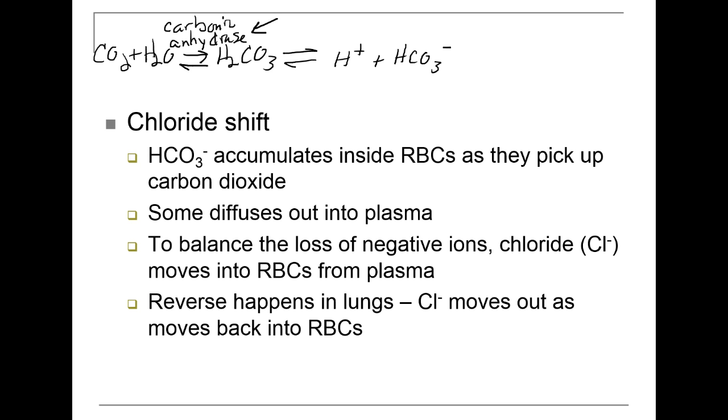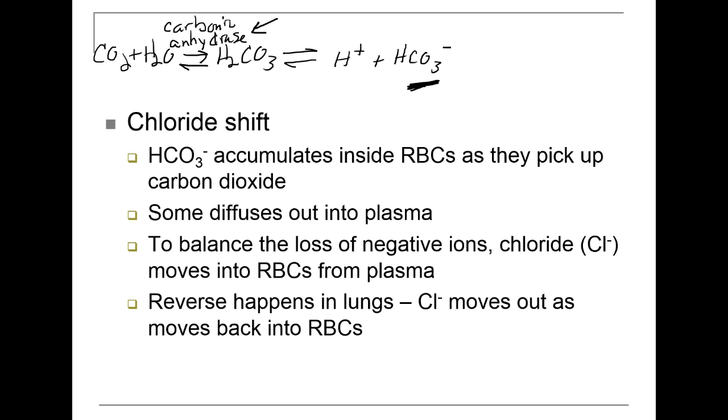We take the bicarbonate ion and we move it into and out of the red blood cell. But the red blood cell needs to remain electrically stable. That means if you move a negative charge out of the red blood cell, you've got to exchange it for a negatively charged ion. If you move a negatively charged ion into the red blood cell, you've got to move one out.